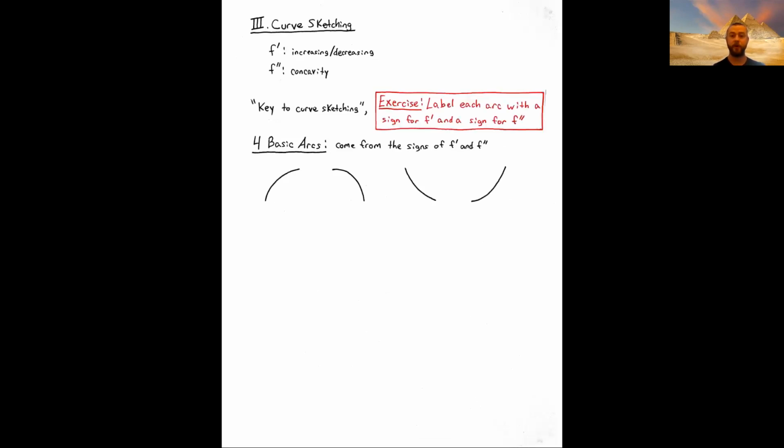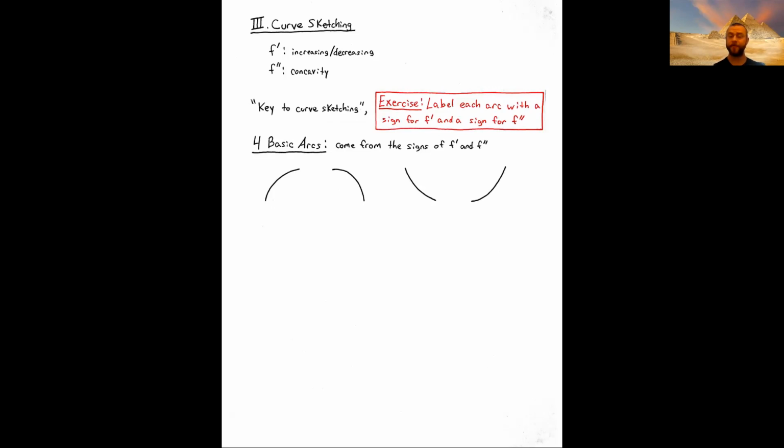Now, what I'd like you to do is give yourself some time for a very brief exercise, but albeit extremely important in my opinion. Label each of these 4 arcs with 2 signs. Label them with a sign for the first derivative, whether the function or arc is increasing or decreasing, and then a second sign for the concavity from the second derivative, whether it's concave up or concave down.